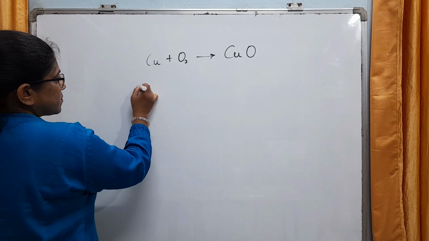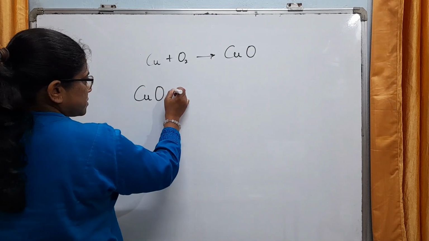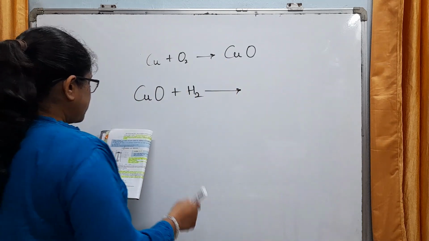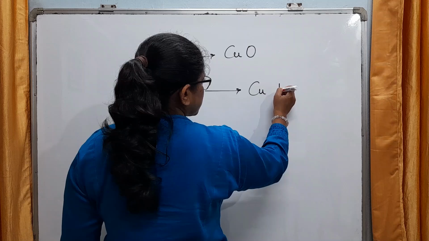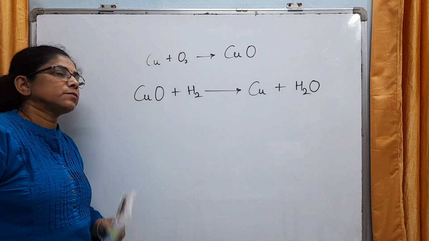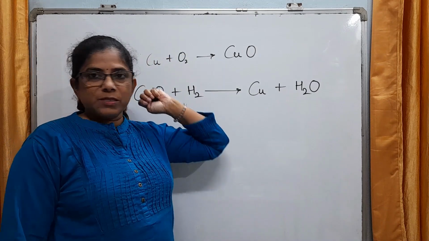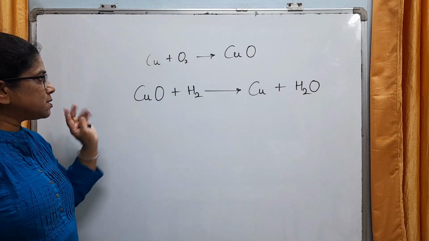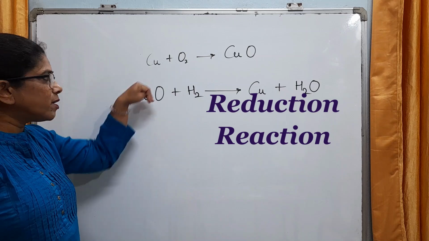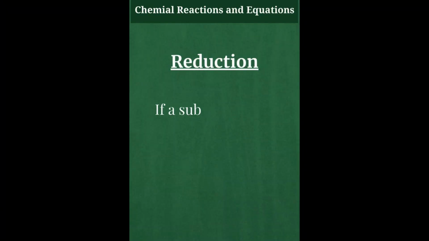Now suppose this copper oxide reacts with hydrogen, what we get here? Here we get copper and formation of water. Now here what is happening? Here in this first case, oxygen is added, means copper is oxidized. In this case, oxygen is removed from copper oxide, means here removal of oxygen is called as reduction reaction.